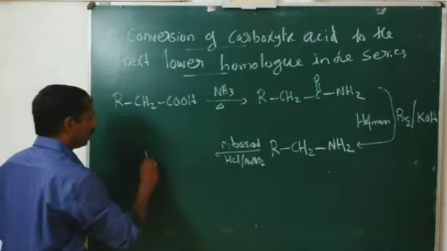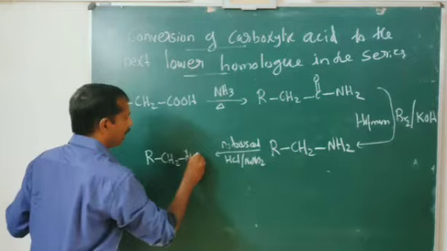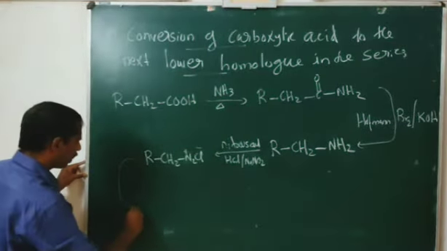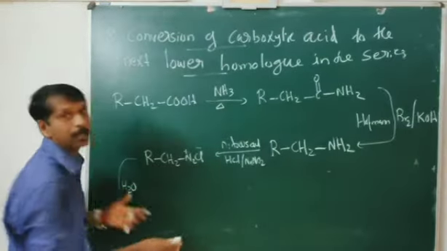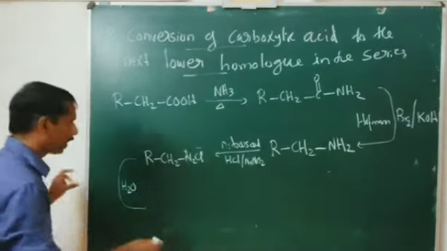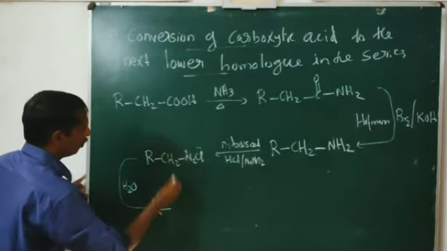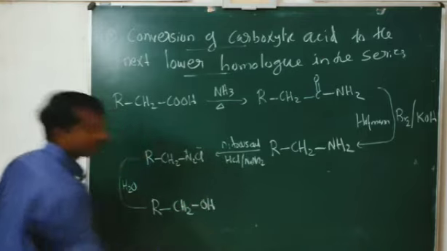So we get RCH2N2 plus Cl minus, diazonium salt. This diazonium salt on reaction with water, H2O, N2Cl will be converted to OH group. That also we studied. So we get RCH2OH, alcohol.